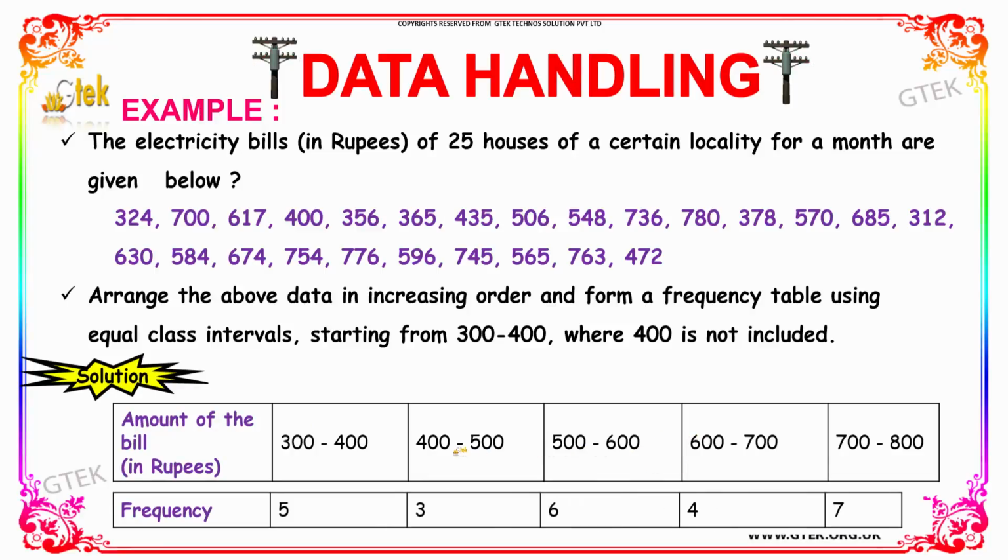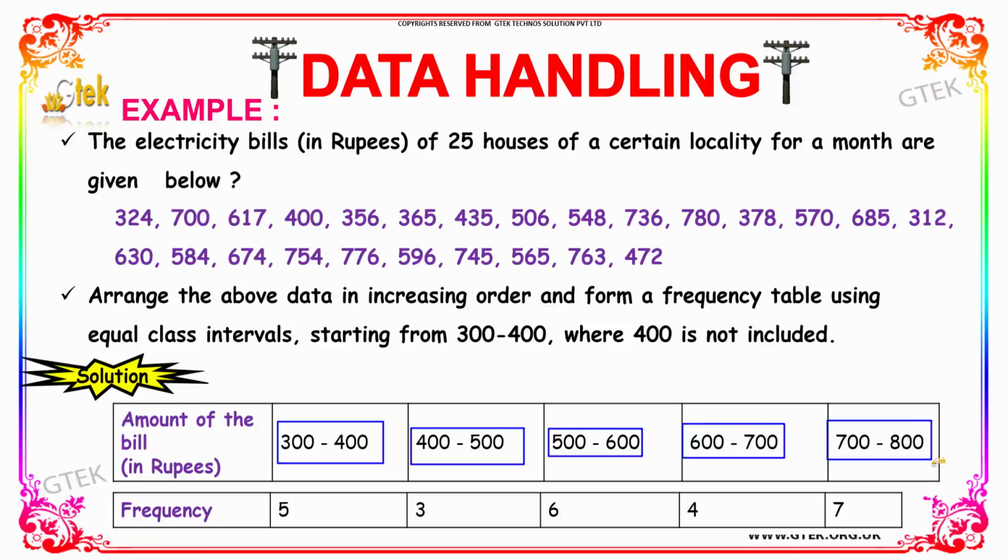So if you see, we should have equal class intervals. So the amount of the bill in rupees will be your class interval, which is having the equal interval of 100. If you see, the difference between the highest and the lowest interval will be 100.